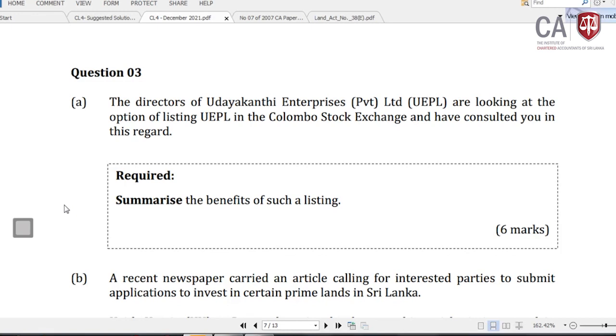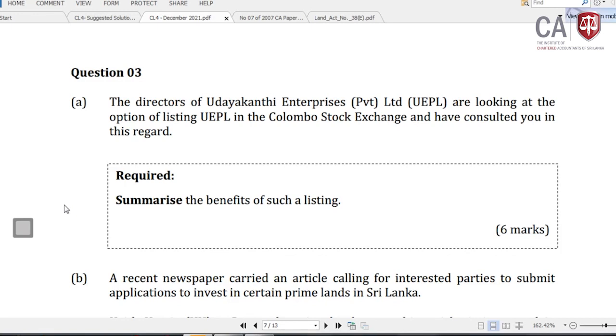But as a listed company, you have a very good potential to expand the business, because you have the ability to raise funds by issuing debentures and shares to the general public. And also, the company will experience growth and stability in the market through broadening and diversification of its shareholding.